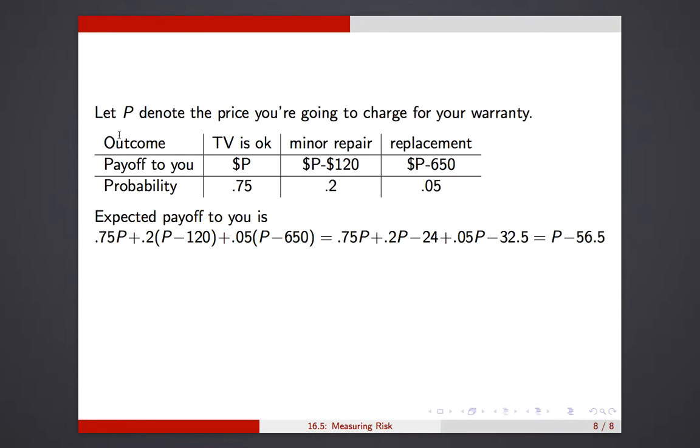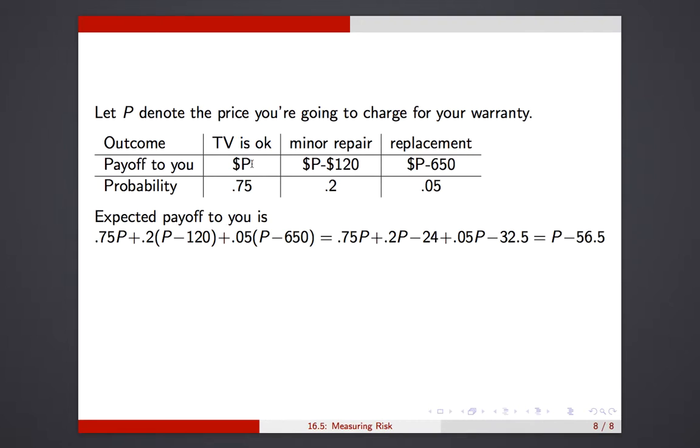Up front, we don't know what price we're going to charge, but we have to give it a name. So let me just call it P for price. So let's let P denote the price you're going to charge for your warranty. This table now shows everything we just described in the previous slide. There are 3 possible outcomes. The first outcome is that the TV is fine. Well, if the TV is fine, then this is the payoff to you, the owner of this store.